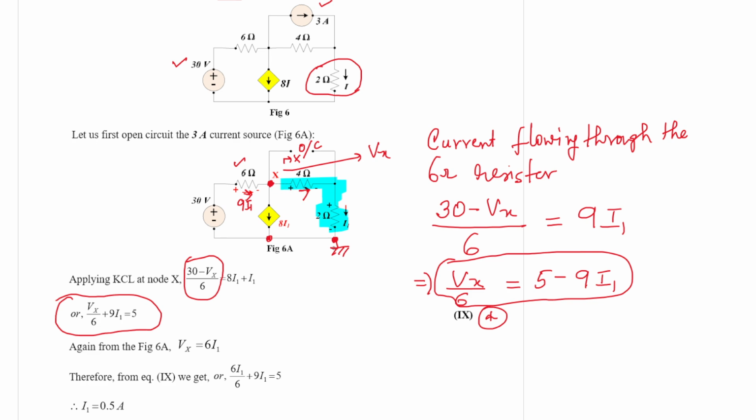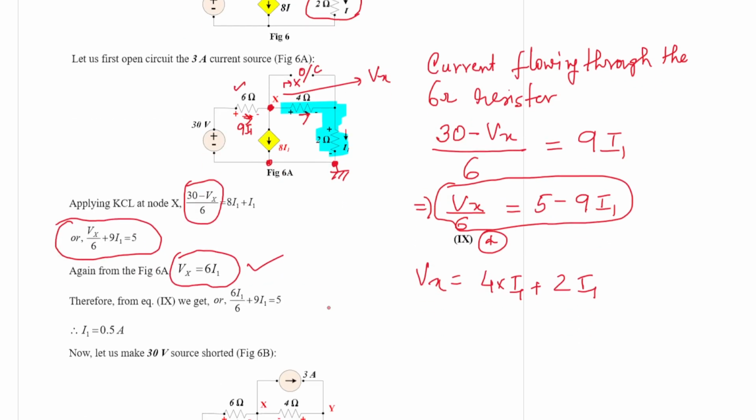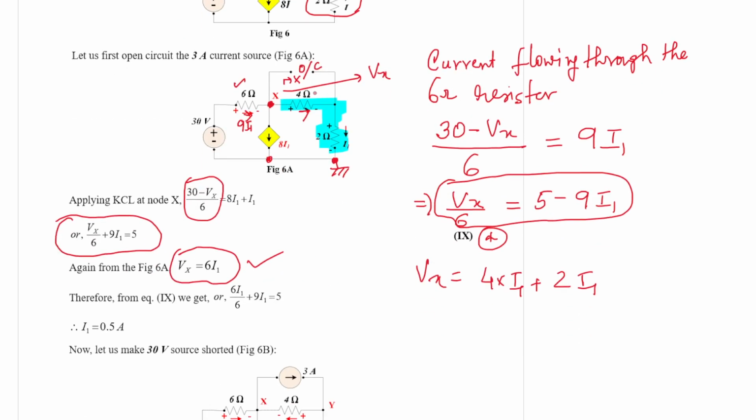The difference is Vx. So we can write Vx is equal to 4 into I1 plus 2 into I1. That is why we can write Vx is equal to 6I1. That is, 4 into I1 means the potential drop across the 4 ohm resistance, and 2I1 means the potential drop across the 2 ohm resistance.